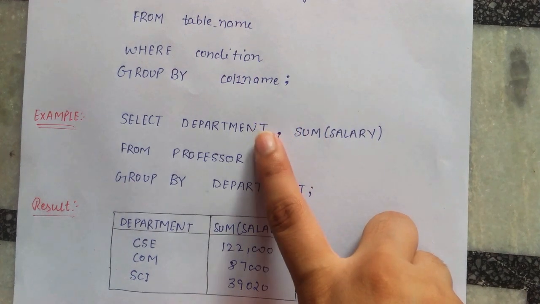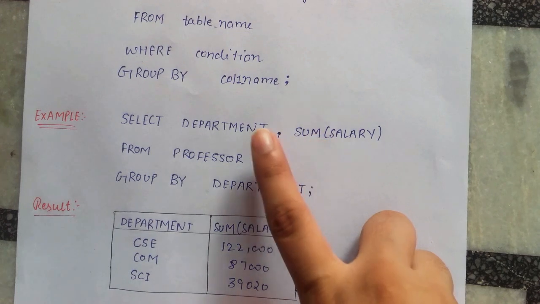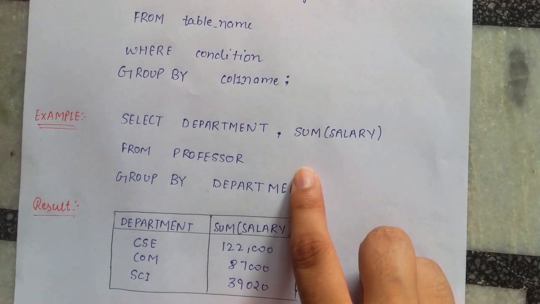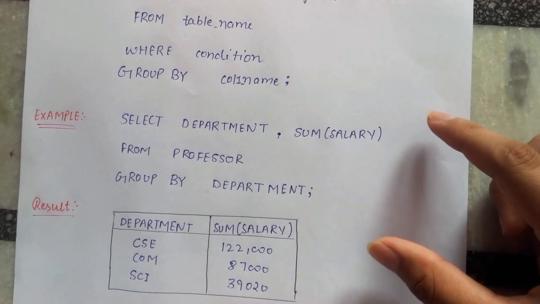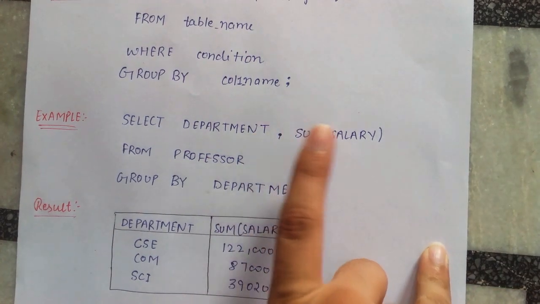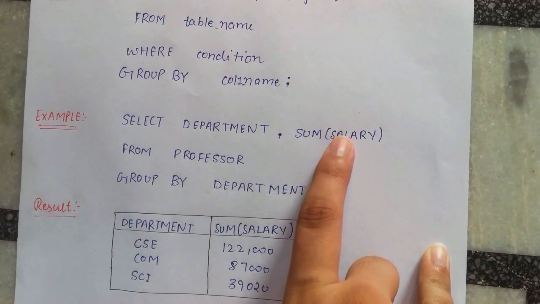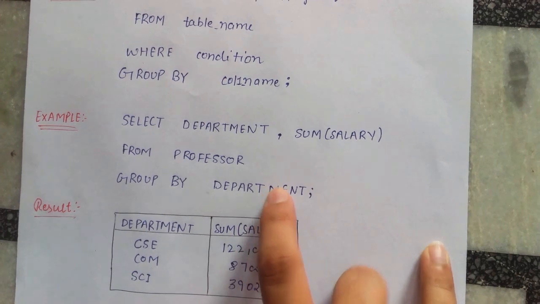The other column is not a part of it, so it is also present in the group by clause. This is mandatory for using group by: all the columns that are not a part of the aggregate function must be present in the group by clause also.